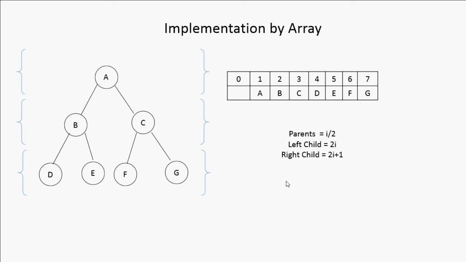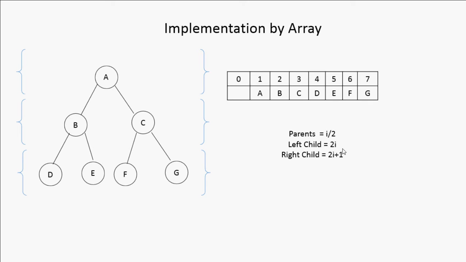Because sometimes you have to check the uncle, which is not very easy with a linked list, but much easier with an array. It's also much faster because you can just calculate where a node would be, and you just access it.